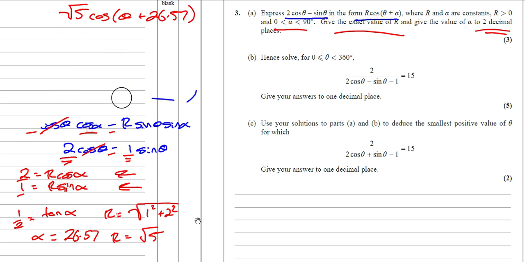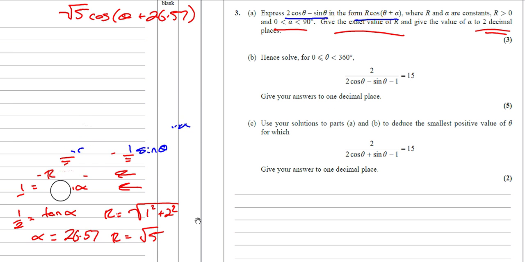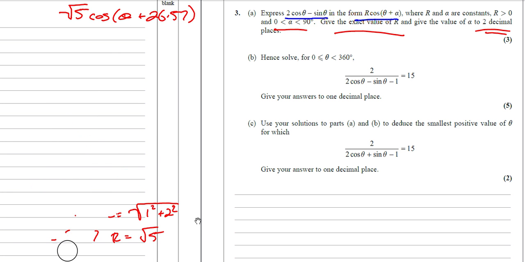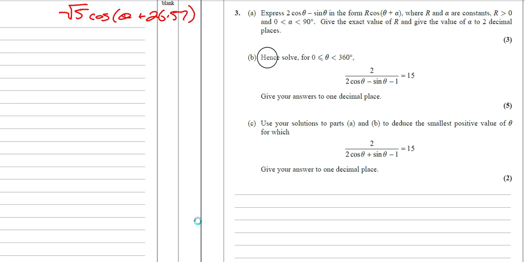Now what we've got to do is solve this thing here. What we should notice is that it says hence, it doesn't say hence or otherwise, so we've got to use what we've just done. We've just found out that 2 cos theta minus sine theta equals this thing here.